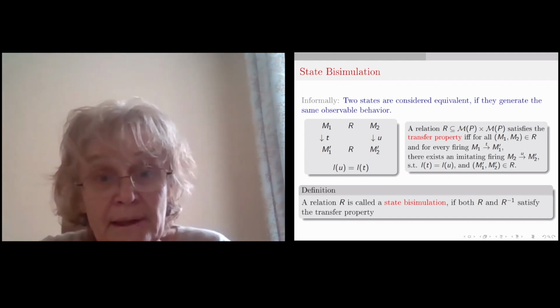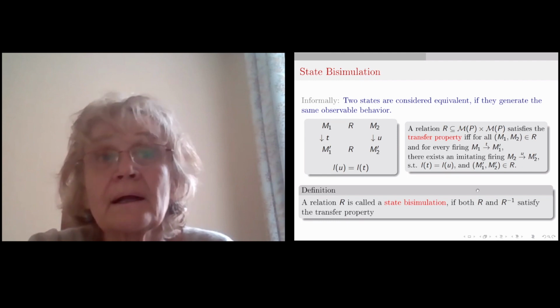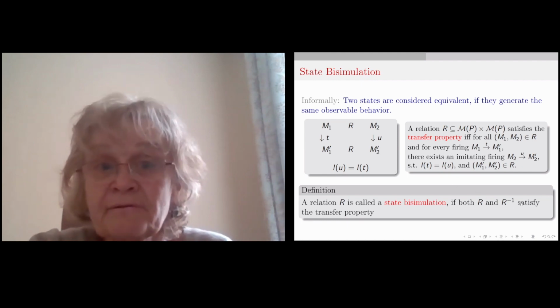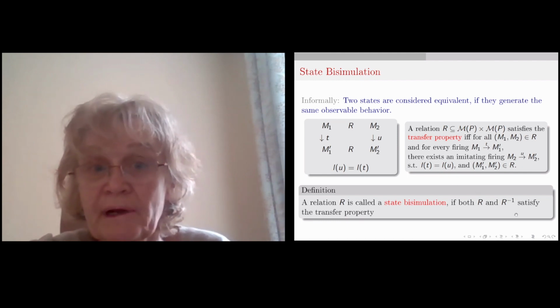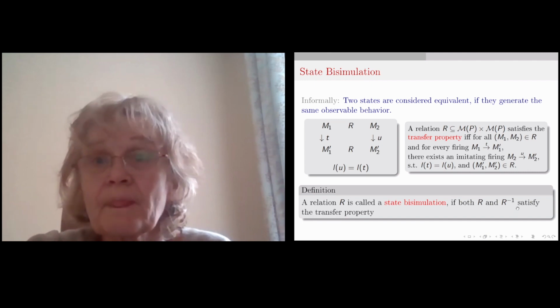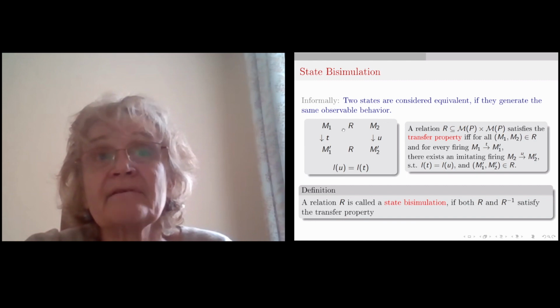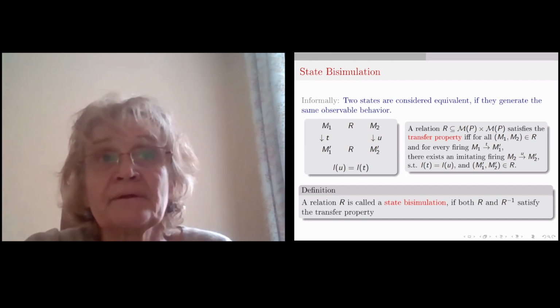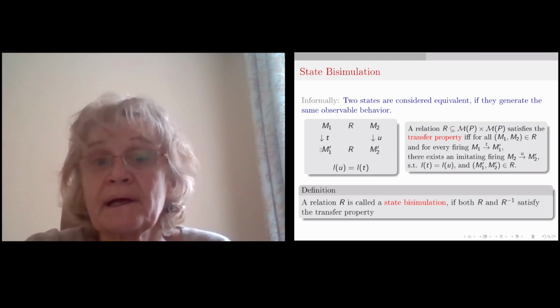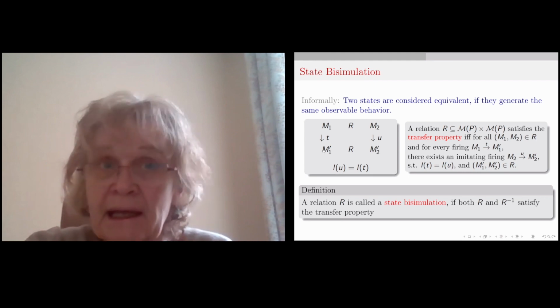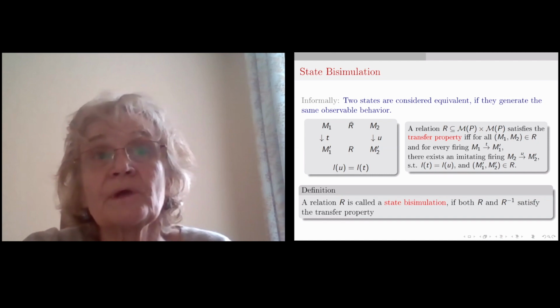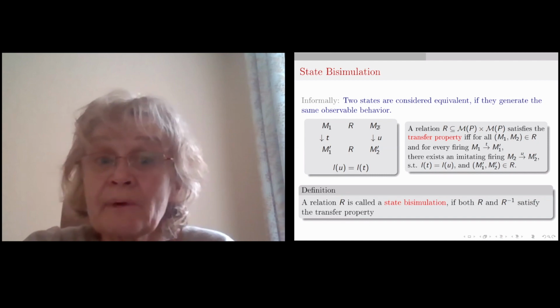So question, what is R minus 1? It's just its inverse relation, both directions. So you mean the arguments flipped? Yes, so it means that we have one relation which connects states, and this means that if we can fire an action with some name from the first state, we can do it from the second, and vice versa.